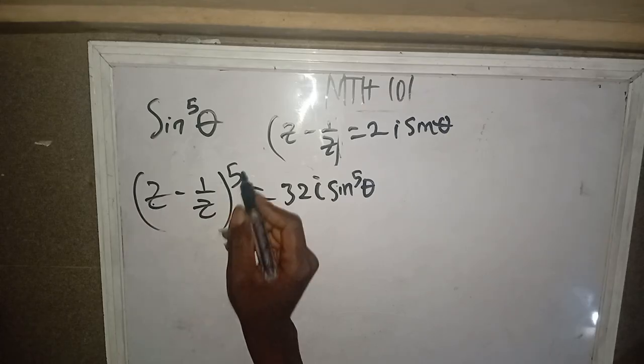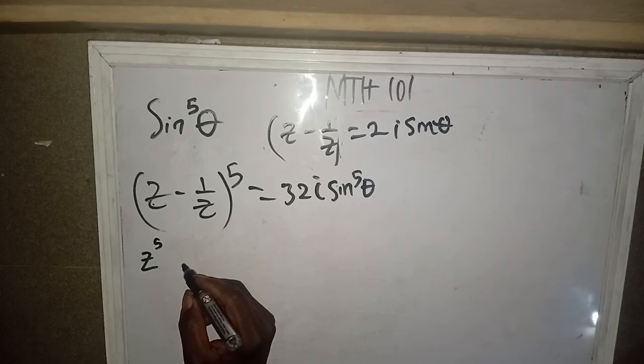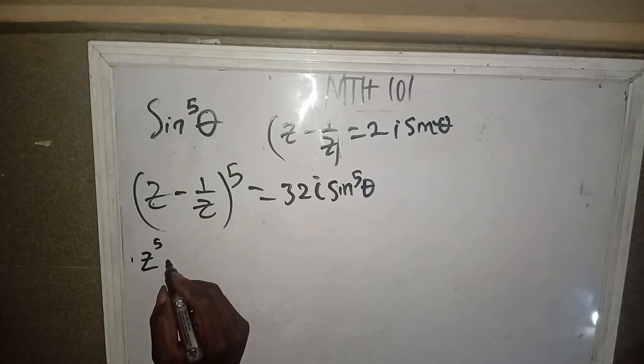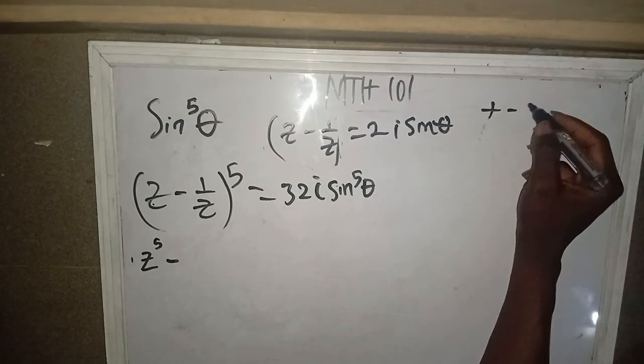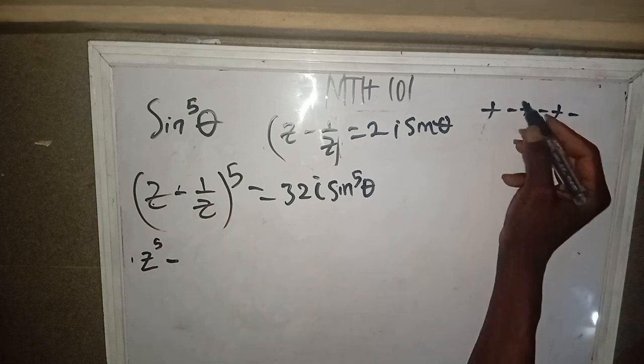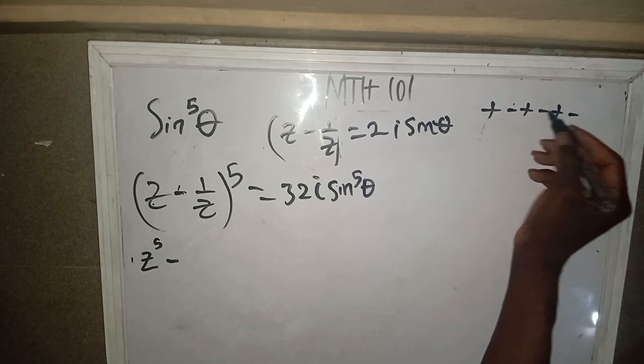Here, the first one, z, will carry the power of 5. If it is minus here, then the first number will be plus, the next one negative, plus, negative, plus, negative. Assuming it is plus, everything will be plus, plus, plus, plus. But if it is minus, you have plus, negative, plus, negative.